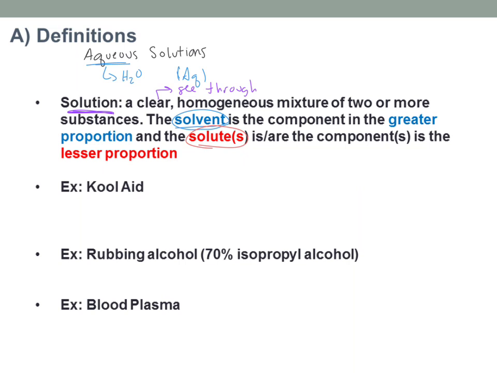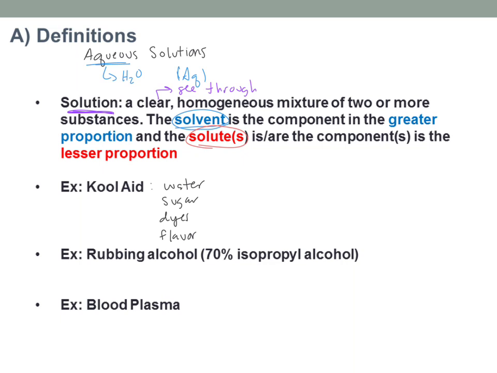So let's take a look at something we're familiar with, something like Kool-Aid, or Country Time lemonade or whatever. If you make Kool-Aid, we're going to have water. You mix water together, and then we all know that Kool-Aid has a bunch of sugar in it, and it's got a bunch of dyes and maybe flavors and some salt and all kinds of things like that.